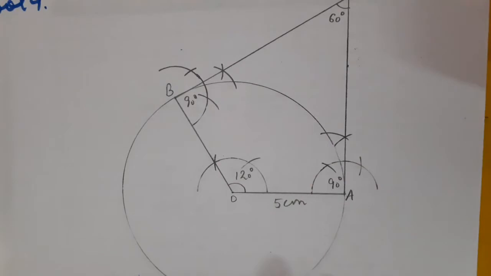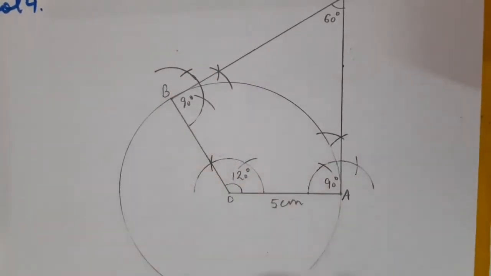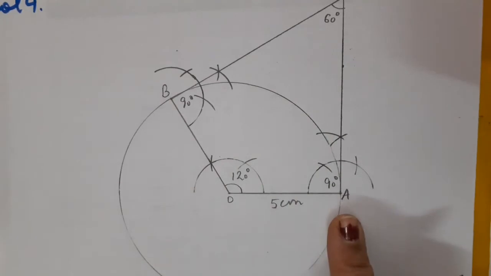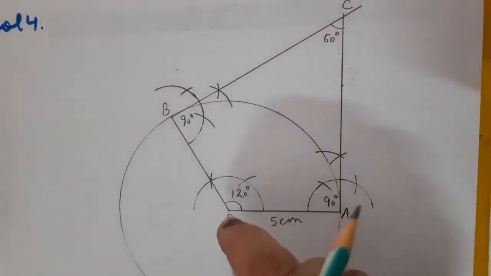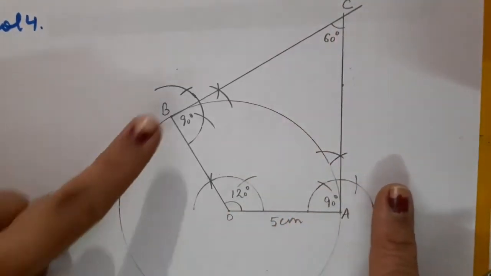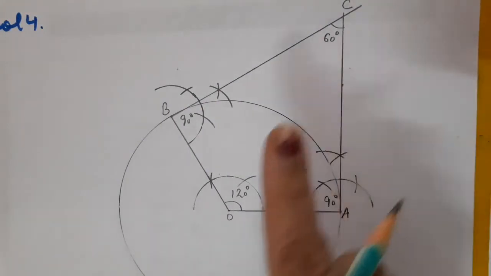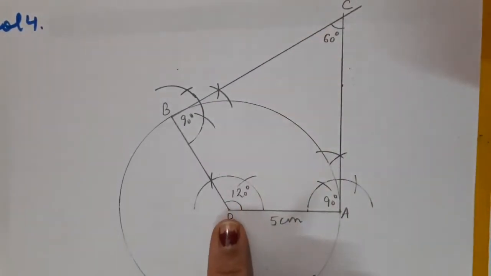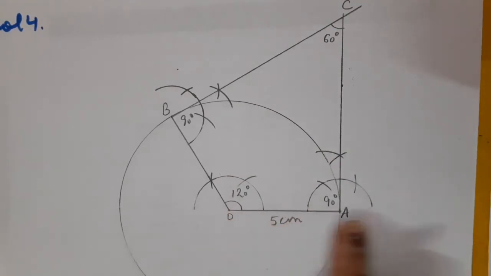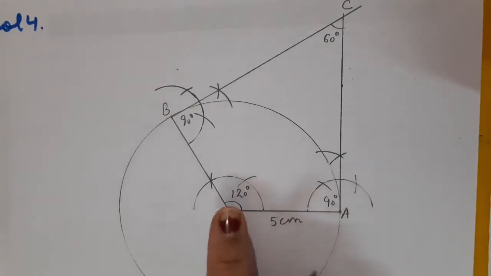Understood? For that, what was the procedure adopted? I am repeating. First of all, there is a circle drawn of radius 5 centimeter. As I know that the angle between two tangents drawn from an external point to the circle is always supplementary to the angle subtended by the line segments which are joining the point of contact at the center point.